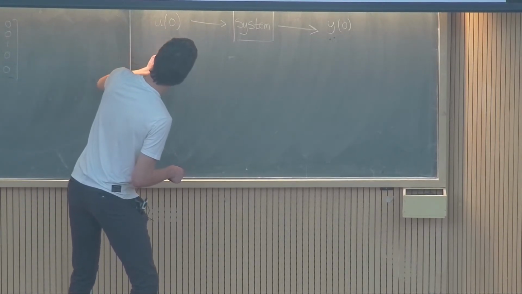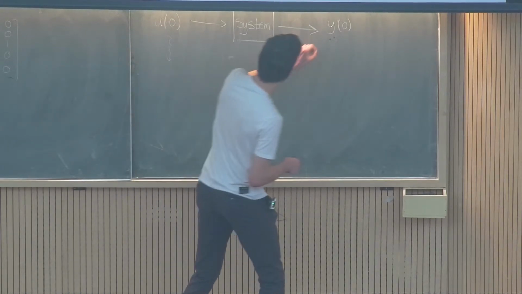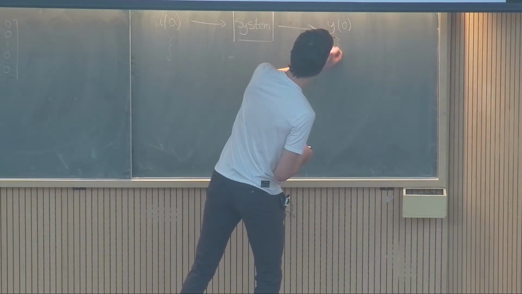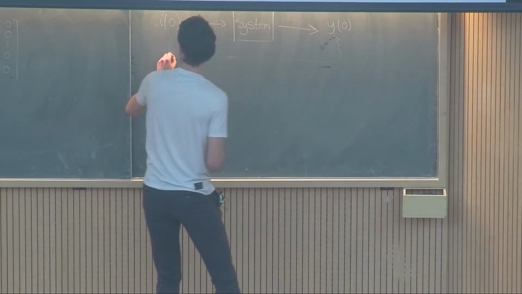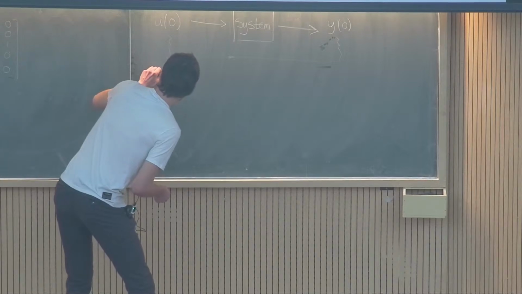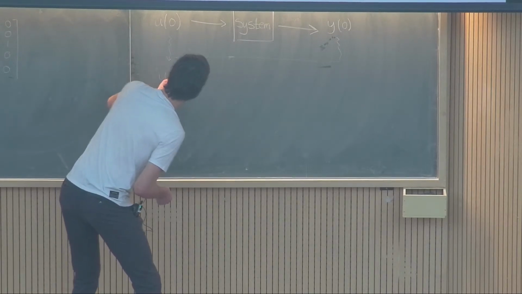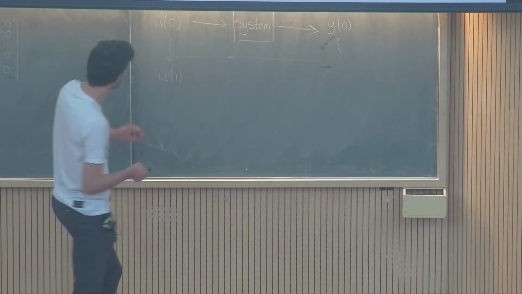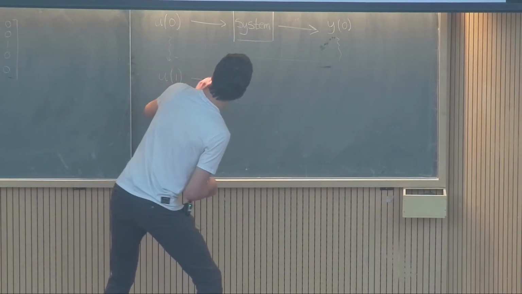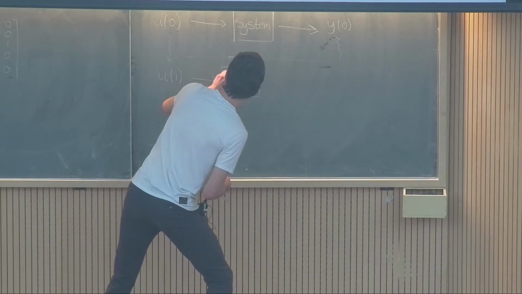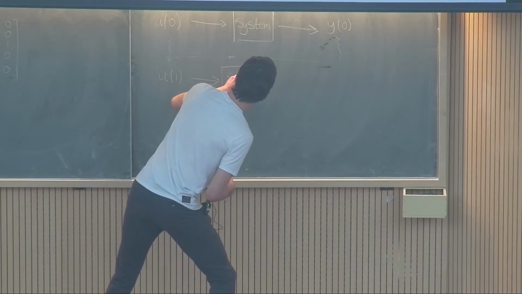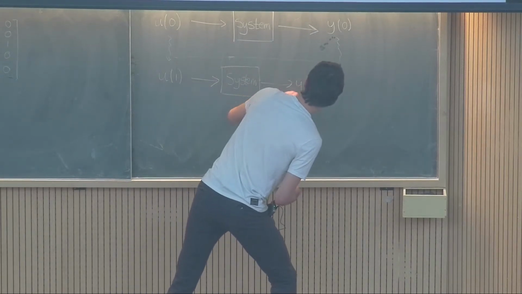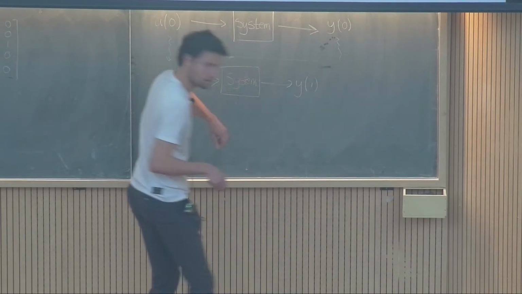So I'm going to use this U0 and the Y0 to generate a new input to my system, U1. And I'm going to apply U1 to my system. That generates some output Y1.